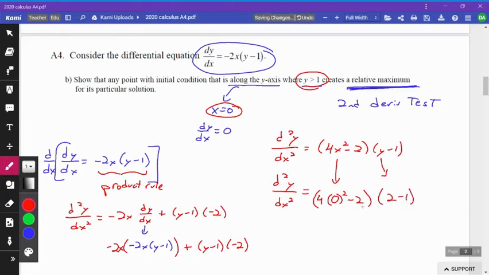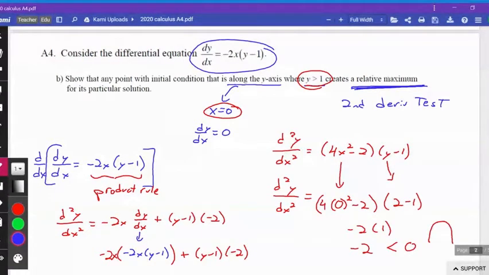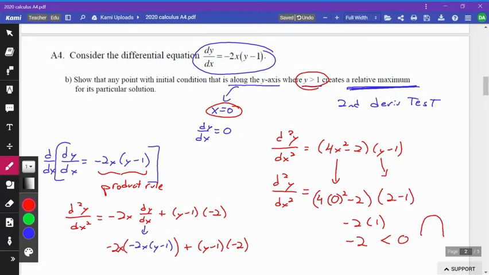I know that I am going to get a -2 times a 1, so I get a second derivative which is a negative value. Since the second derivative is less than 0, concave down tells me I get a relative max by the second derivative test.